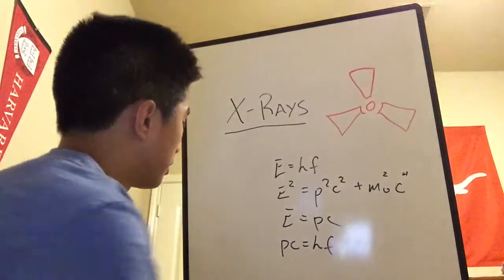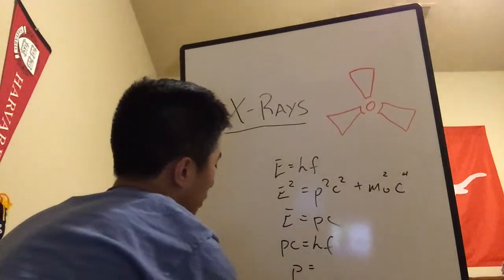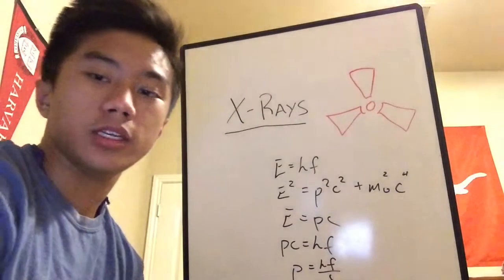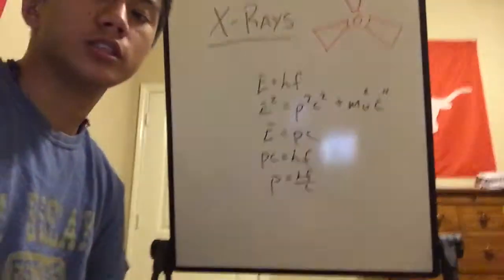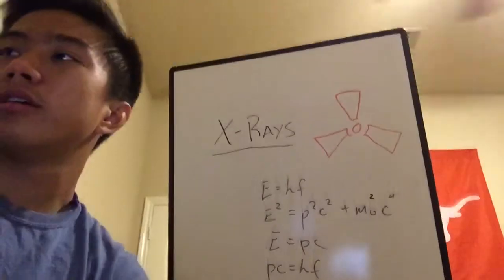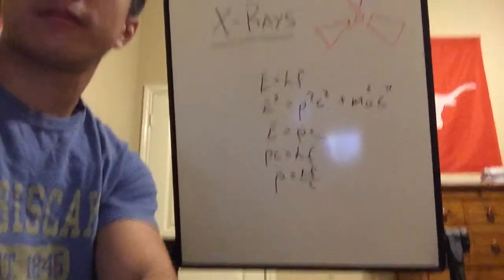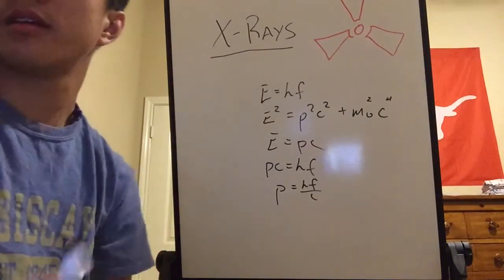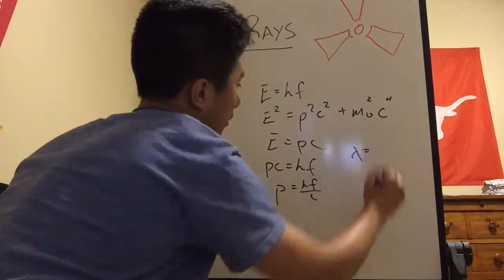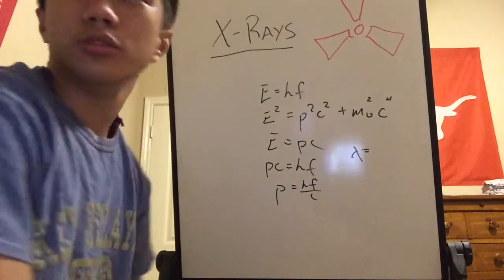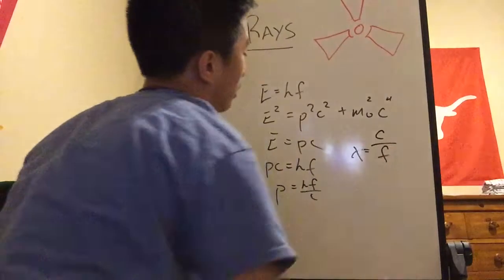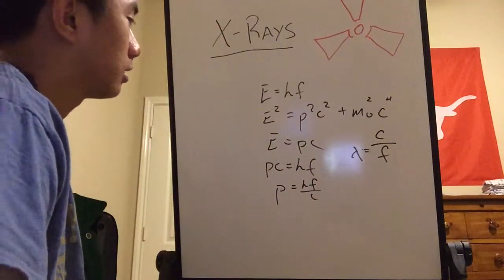And then if you solve for momentum, P equals HF divided by C. And you can recall that the wavelength for an X-ray is equal to the speed of light divided by the frequency.